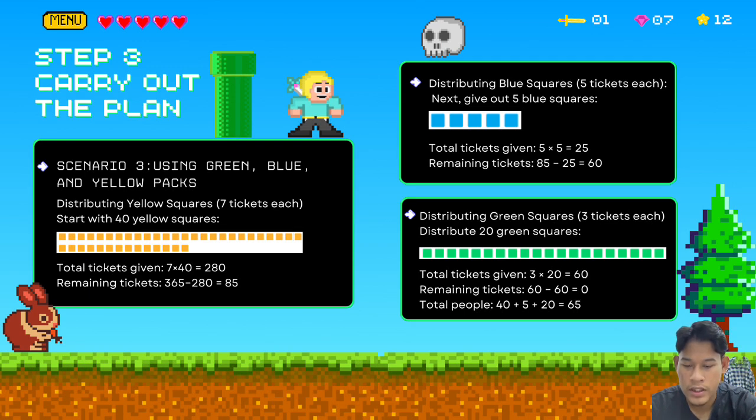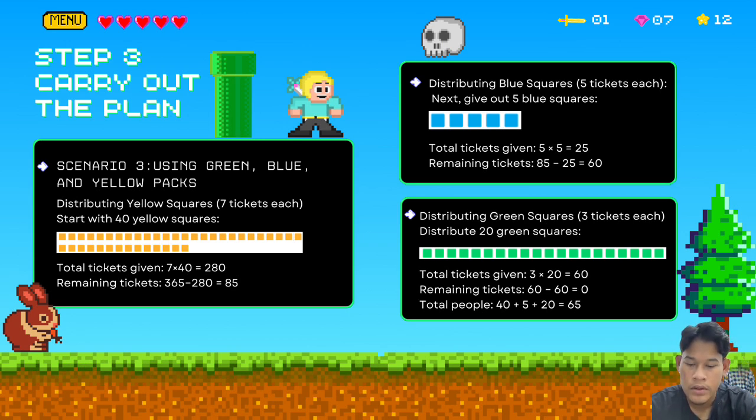So the remaining tickets is 85, because 365 minus 280 equals 85. Then we use the blue squares, which is we give out 5 blue squares. So 5 by 5 equals 25. Then we subtract from the remaining tickets, 85 minus 25, we got 60.